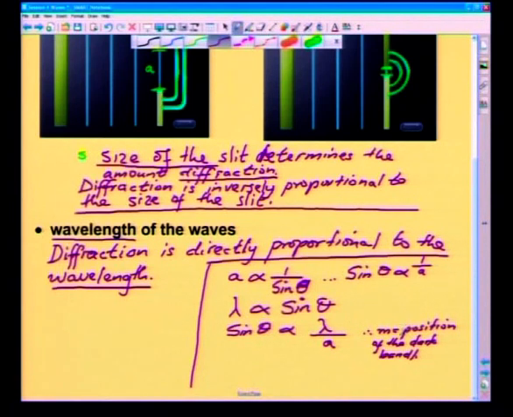Now, that m, we know it can be either at the first position or the second one or the third one. All right? Now, if it's the first one, m will be 1. So if we put m there to remove the proportionality sign, that will be m lambda over a, like I said, where m is either 1, 2, or 3.